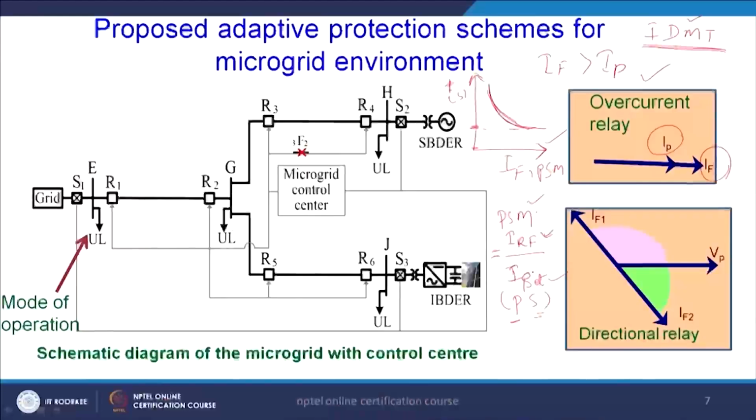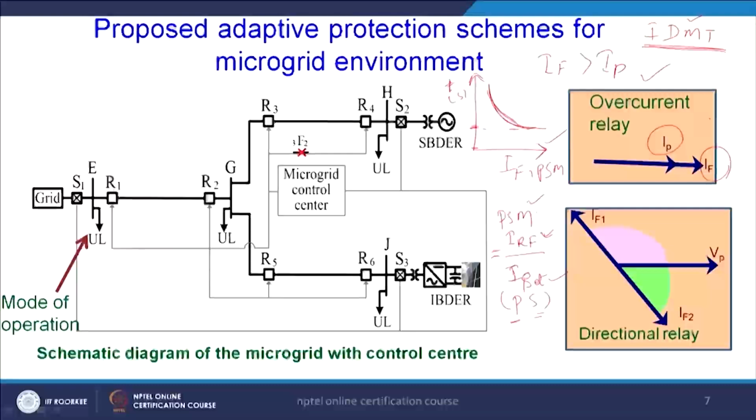As with the PSM, we also maintain the TMS of the relay. The overcurrent relay operates simply if the calculated fault current is greater than my setting current, then the relay is going to react.